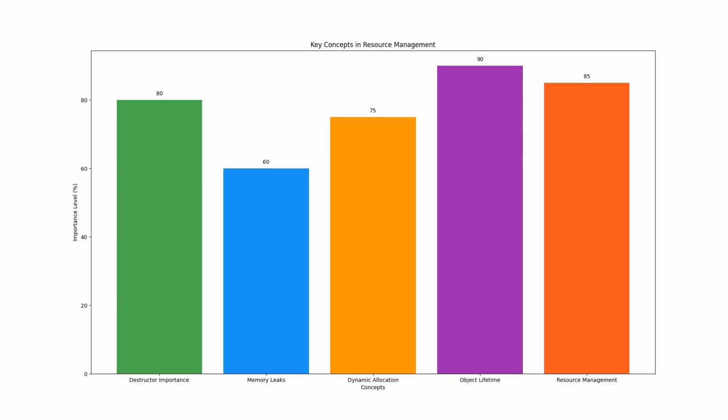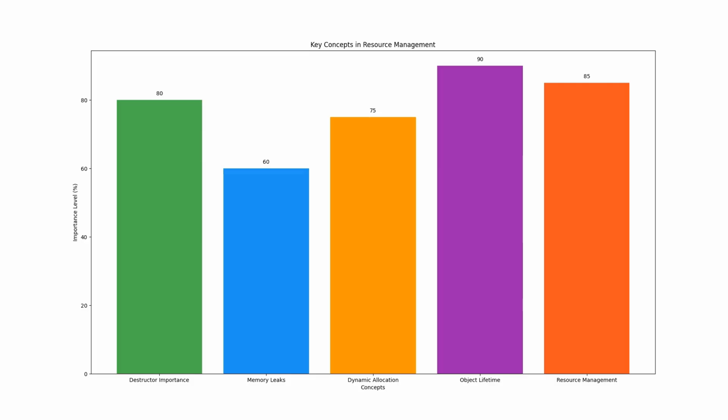Each bar is annotated with its exact numeric value above it. Destructor importance at 80%, memory leaks at 60%, dynamic allocation at 75%, object lifetime at 90%, and resource management at 85%. So, what can we conclude from these values?